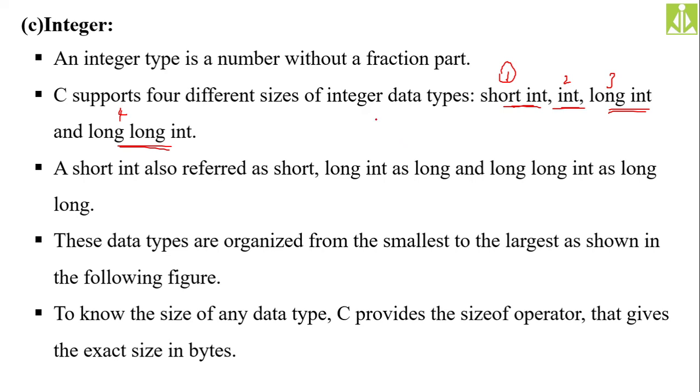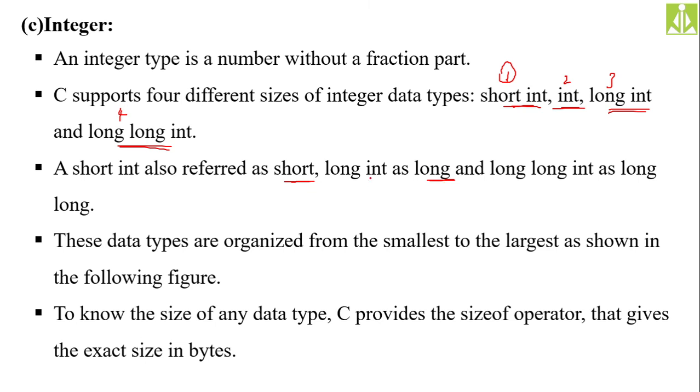Integer types, as we said, can store only the whole number, we cannot store the fractional part. C supports four different sizes of integers: short int, int, long int, and long long int. A short int is also referred to as only short, and long int as only long.